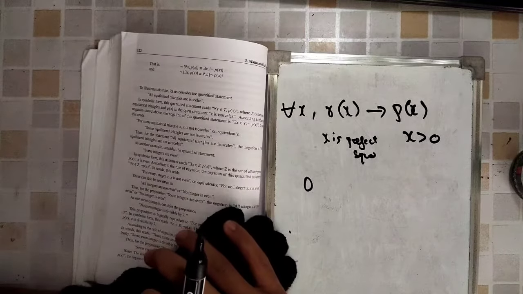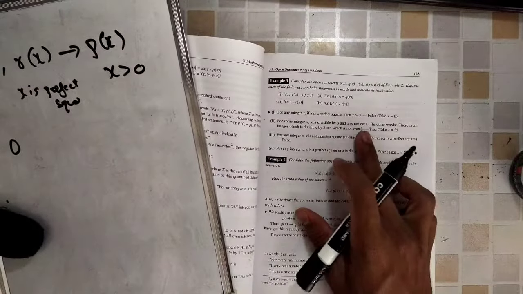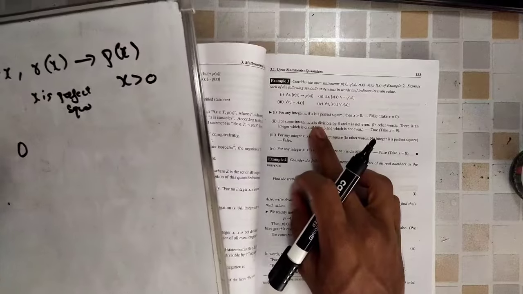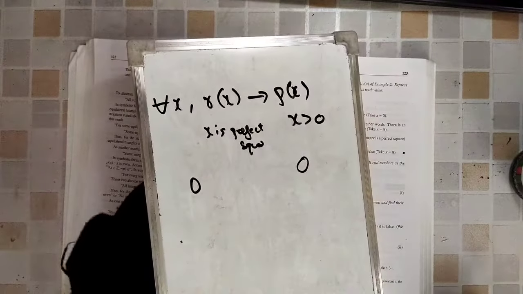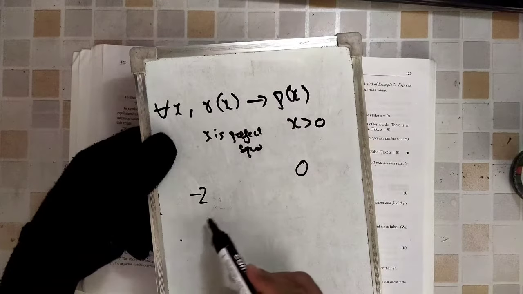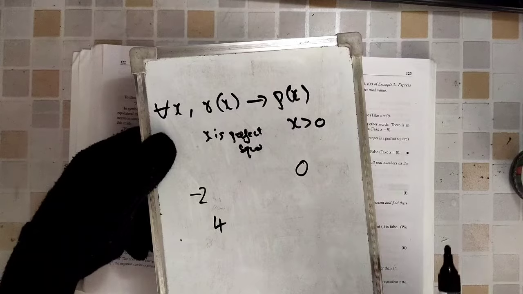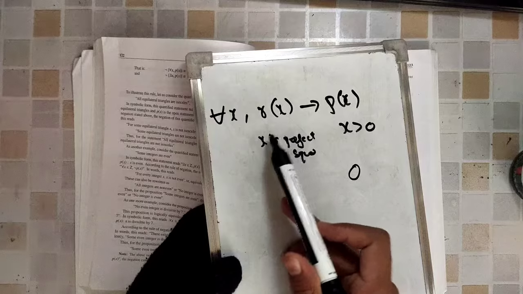Because perfect squares are like 2 square, 3 square, 4 square, all are perfect square numbers. So we can simply take 0 also. So 0 is not greater than 0. If I take minus 2 also, we can take it, it gives us 4, right? Then minus 4 is less than like that. So take 0, it should satisfy all the conditions. If you take one value here that is minus, it is not greater than 0, like that.